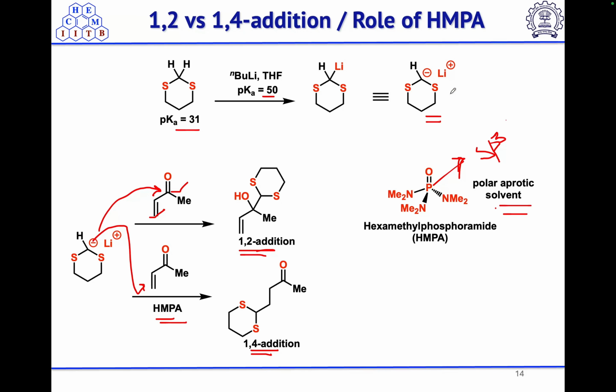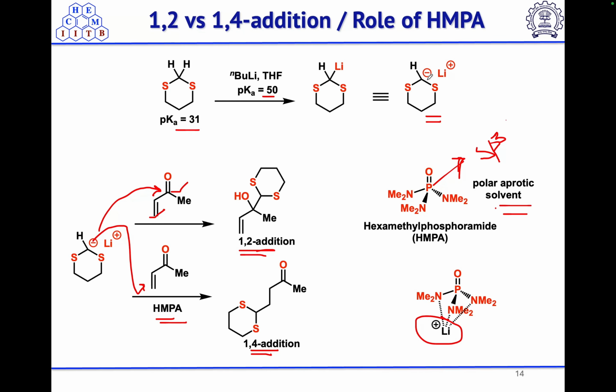So how can you separate this C minus and Li plus? There are many solvents or coordinating agents, like HMPA. This HMPA will coordinate lithium plus, and by coordinating this lithium plus, it is making this carbanion free.